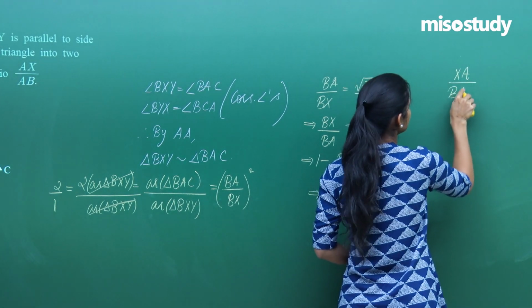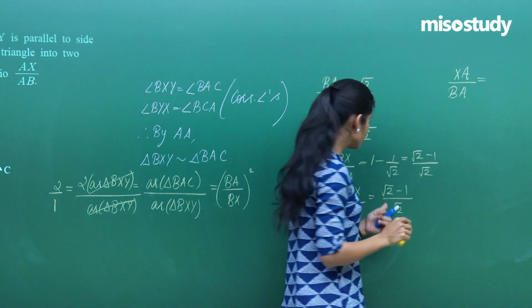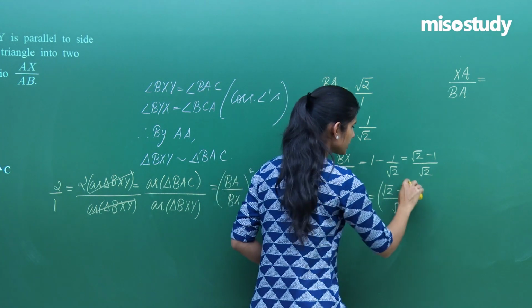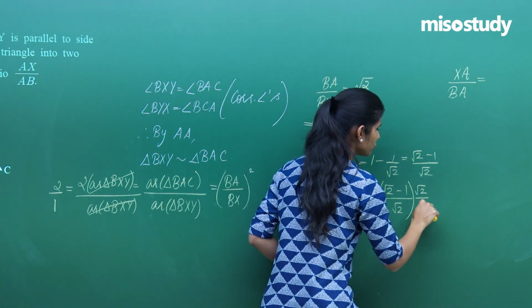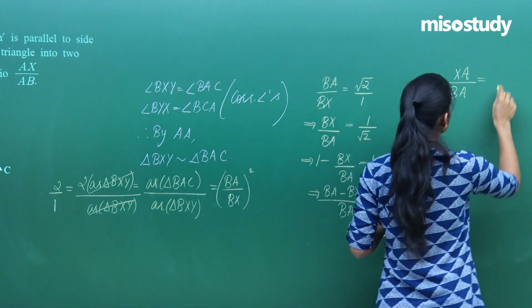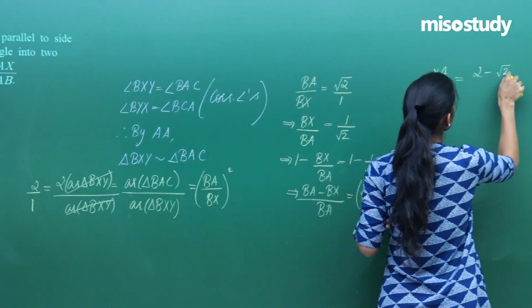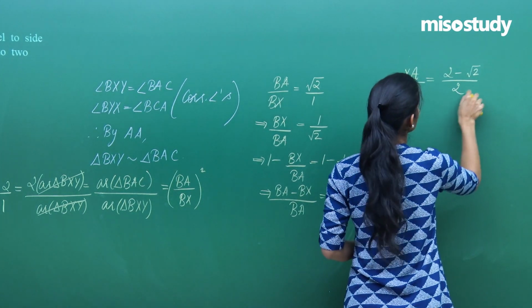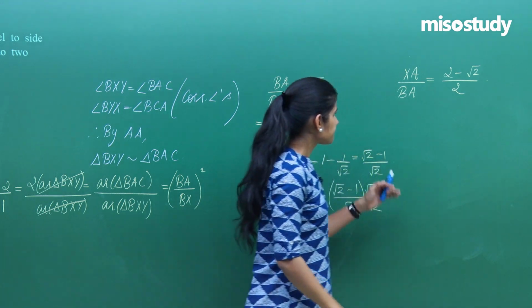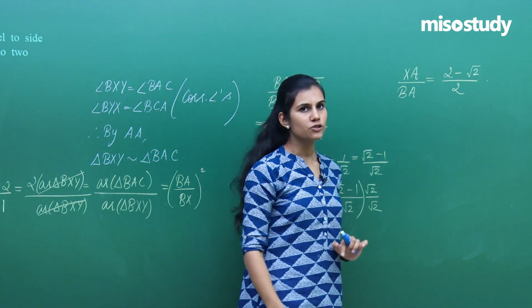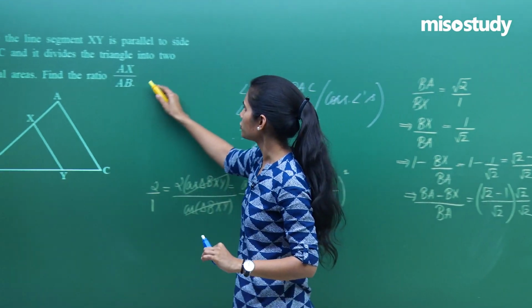So this upon this is equal to root 2 minus 1 upon root 2. You just multiply and divide by root 2. You will get root 2 into root 2 is 2, 1 into root 2 is root 2, upon root 2 into root 2 is 2. So you get XA upon BA is 2 minus root 2 upon 2. That is what you wanted to find.